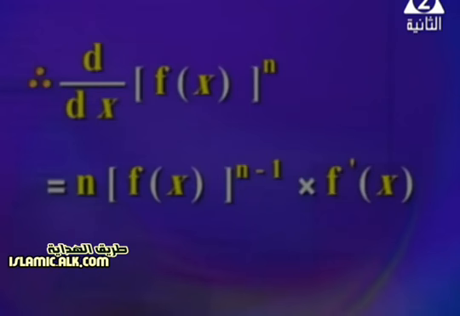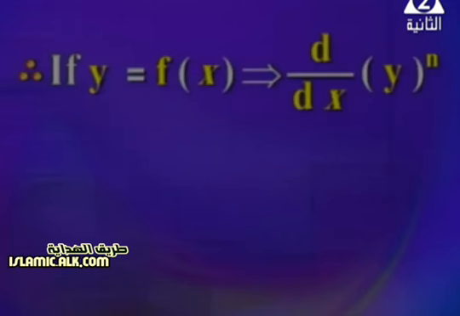Remember, dear student, for example, (2x plus 1) inside the bracket to the power 3, the differentiation is 3 times the bracket to the power 2, and we find the differentiation inside the bracket. This rule is very important. When you find a function to the power n, what is the differentiation? n multiplied by this function to the power n minus 1 and multiplied by the differentiation inside the bracket, f dash x.